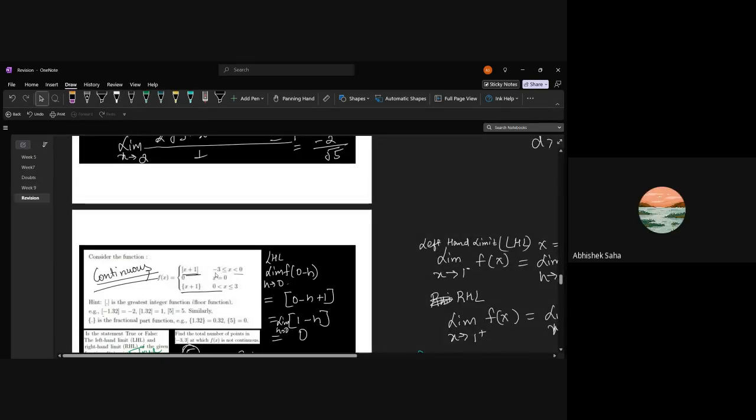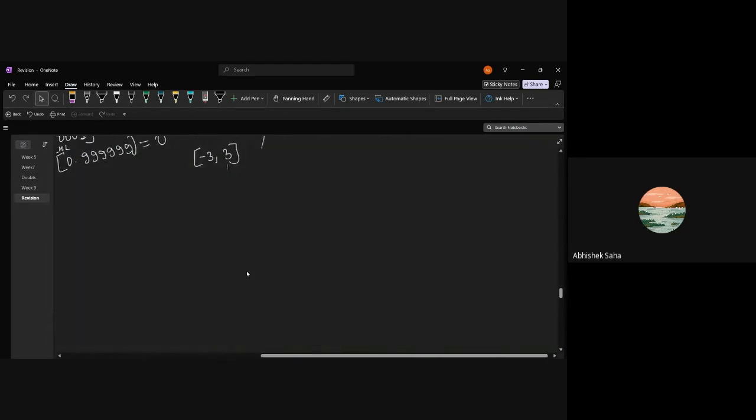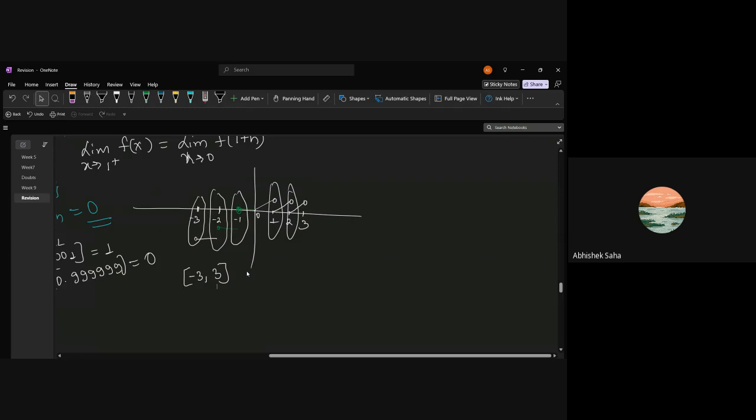When x equal to minus 3, it is minus 3. Yeah, it is a solid point. It is a solid point. It is an open point. There are two open points.